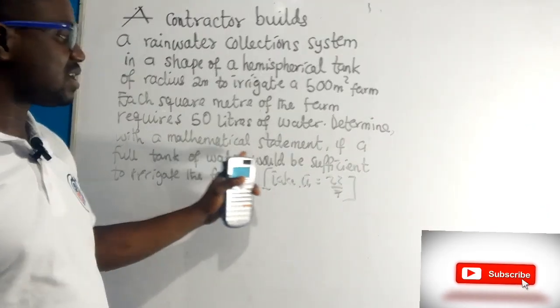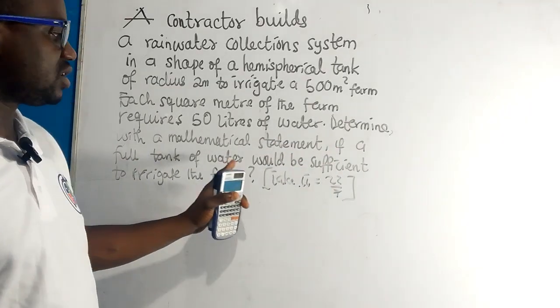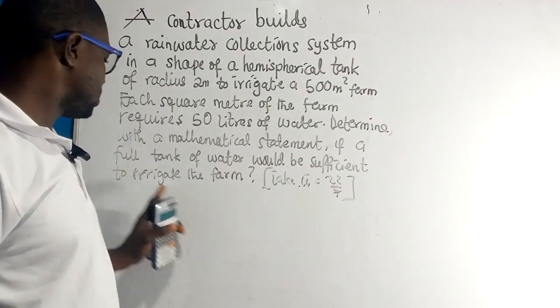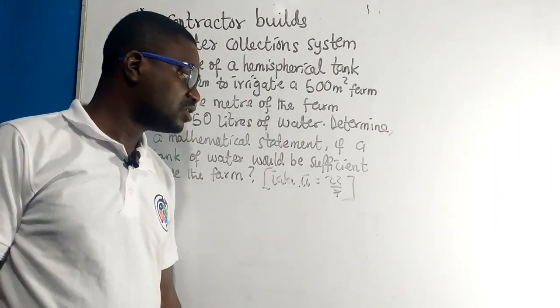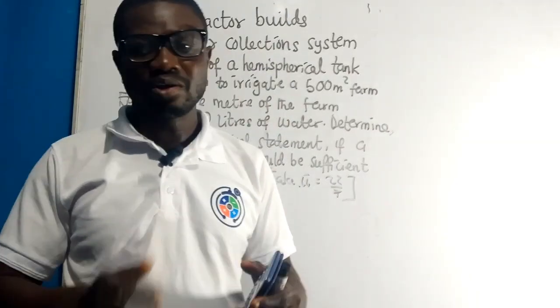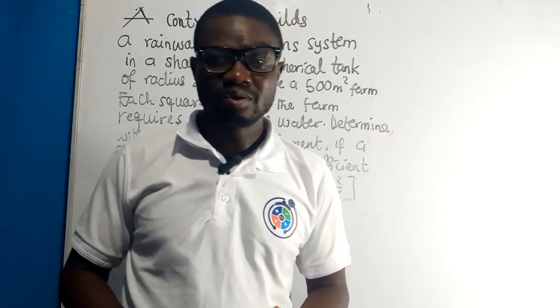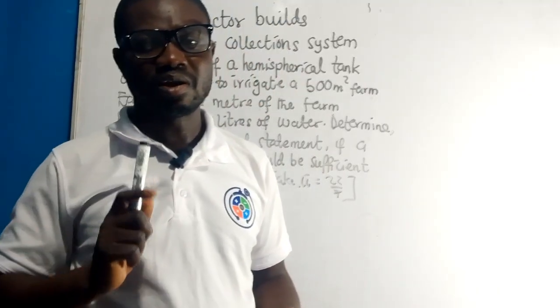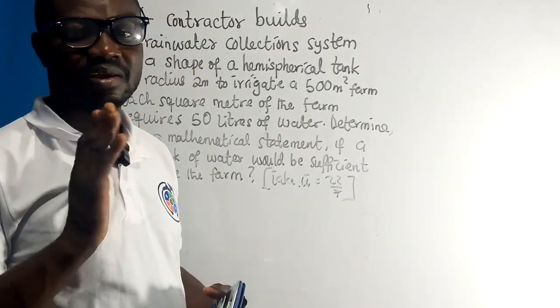Determine with a mathematical statement if a full tank of water will be sufficient to irrigate the farm. Take pi to be 22/7.